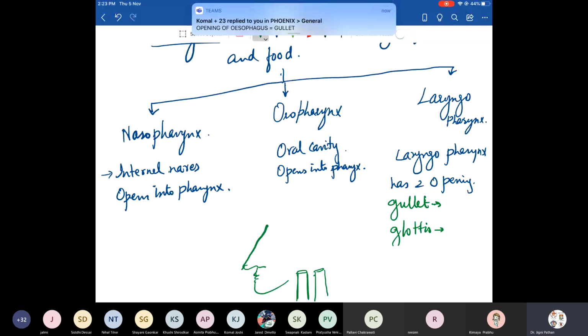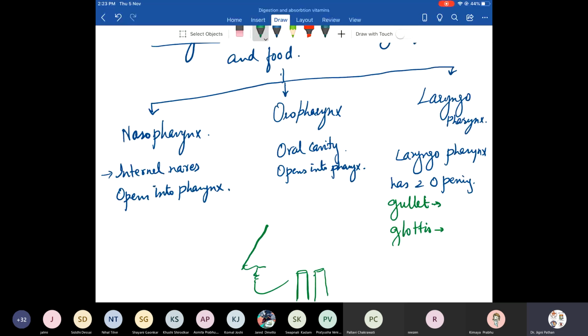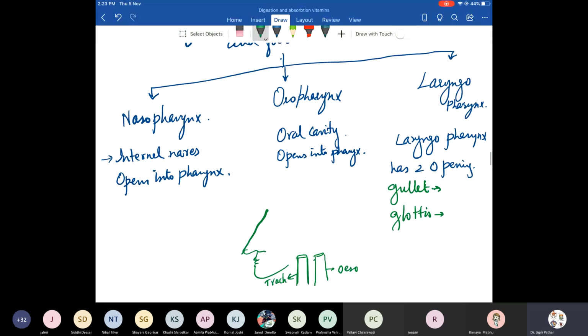Very nice, I can see the answers there. The students who do not know the answer, please concentrate here. This is esophagus. This is trachea, that is windpipe. Now, this is the nasal cavity. And here it's your mouth, your tongue.